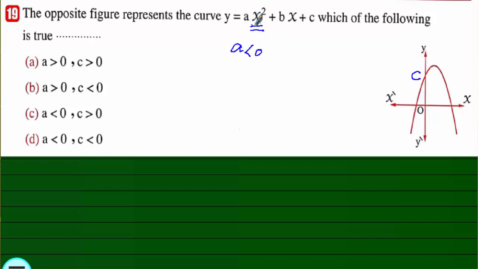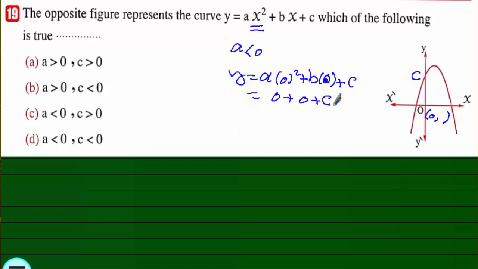Here you can put x equals 0. In this point, x coordinate equals 0. So putting x equals 0, you will get a multiply 0 power 2 plus b multiply 0 plus c, which equals 0 plus 0 plus c.